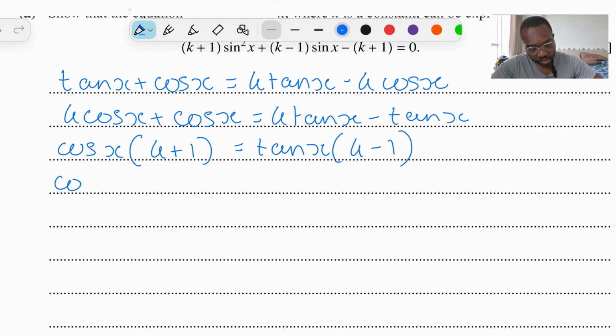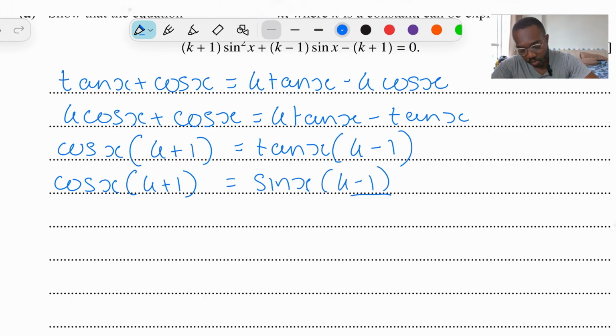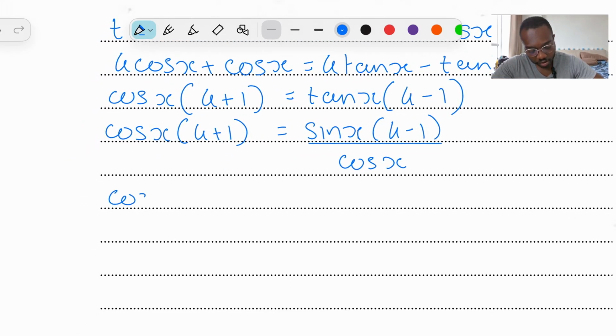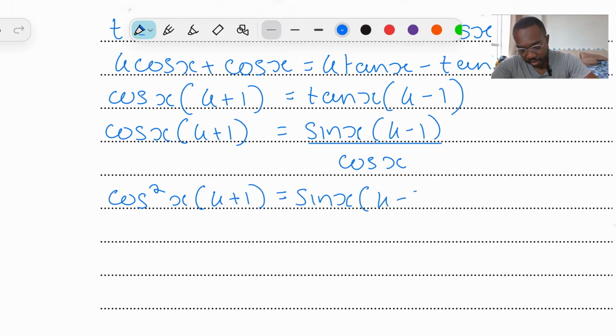So cos x times (k plus 1) equals sine x (k minus 1) over cos x. We just change the tan x into sine x over cos x, and now we can multiply by that cos x. So we get cos squared x times (k plus 1) is equal to sine x times (k minus 1).